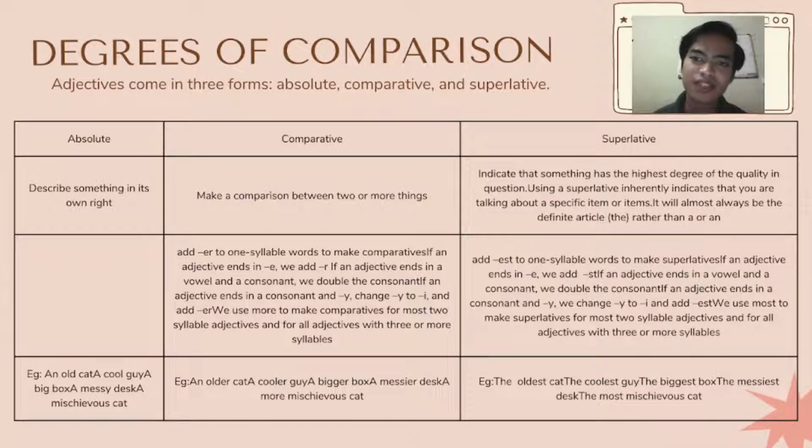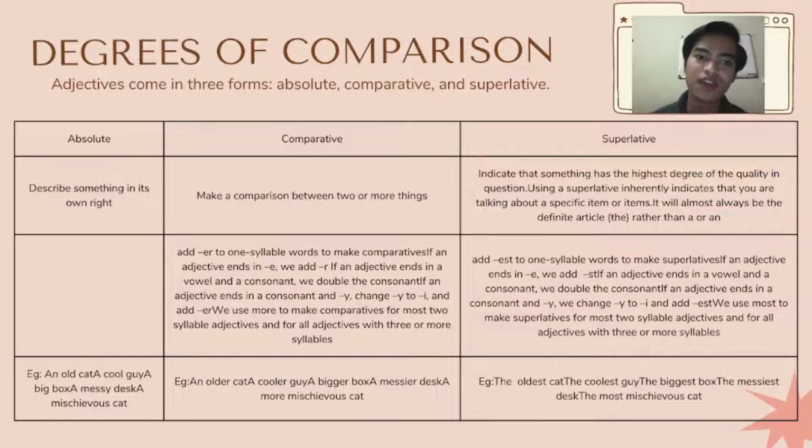Using a superlative inherently indicates that you are talking about specific item or items, and it will almost always be the definite article, using the rather than a or an. As for a comparative, you need to add er to one-syllable words to make comparative.